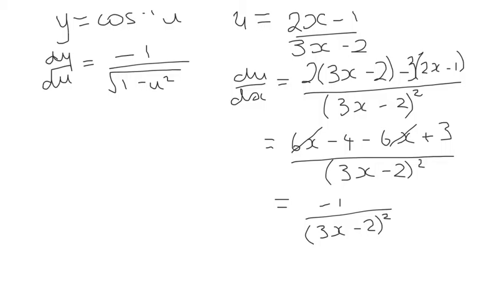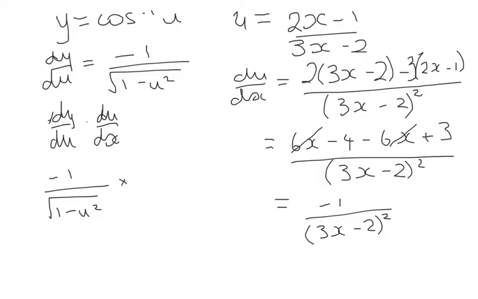Completing the chain rule, the derivative is dy du multiplied by du dx. dy du is negative 1 over the square root of 1 subtract u squared, multiplied by negative 1 over 3x subtract 2 all squared.